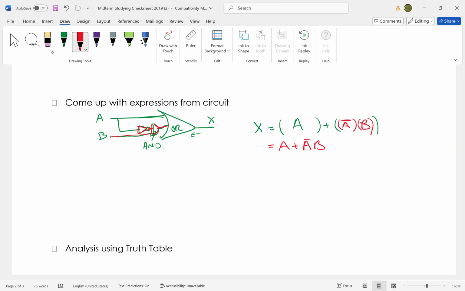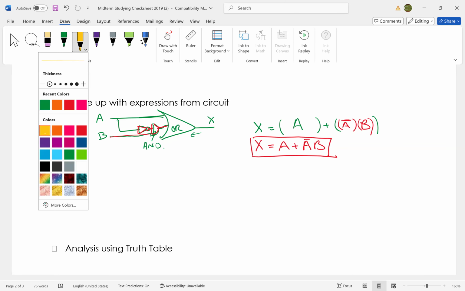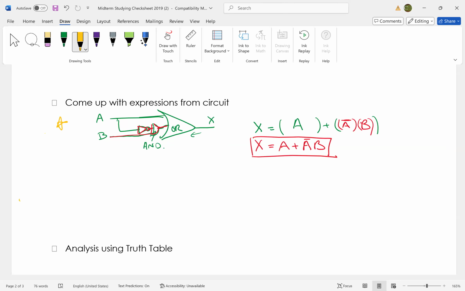That's definitely the expression, but at this point, make sure that you realize that this is not a simplified expression.